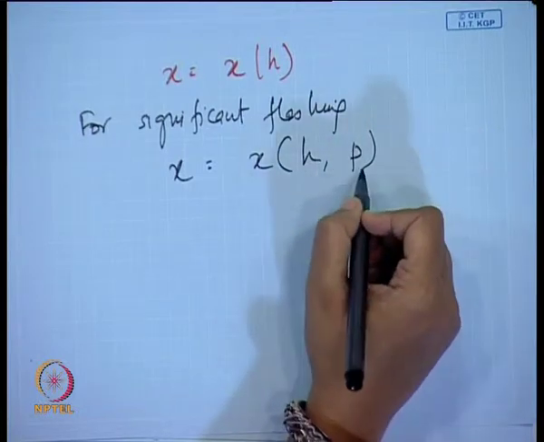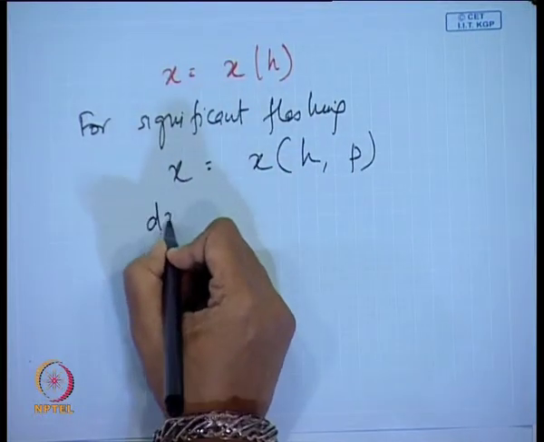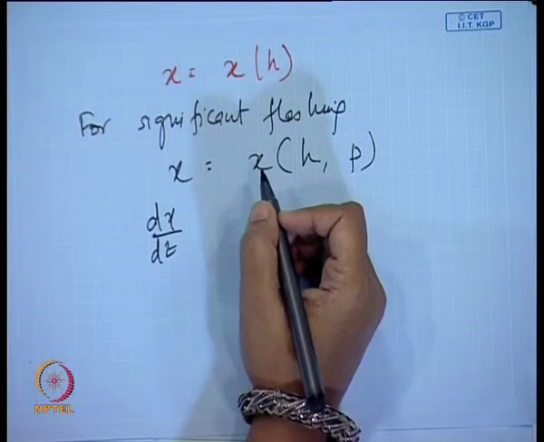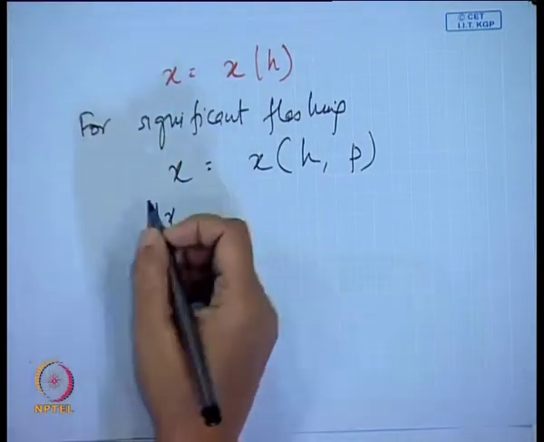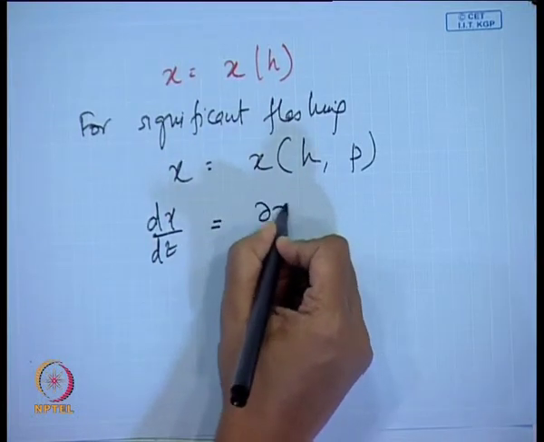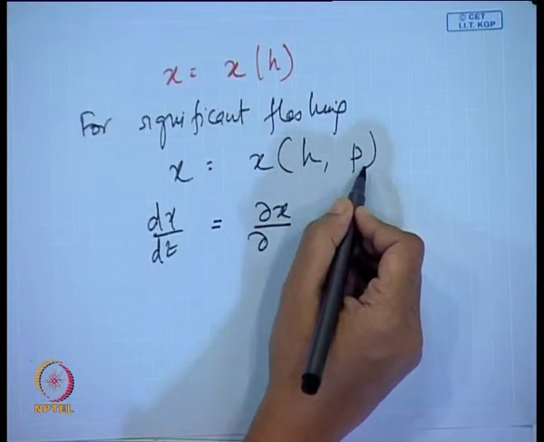So, under that circumstance, dx/dz cannot be obtained from enthalpy balance alone. You agree with me? So, dx/dz has to be expressed in terms of h as well as in terms of p.